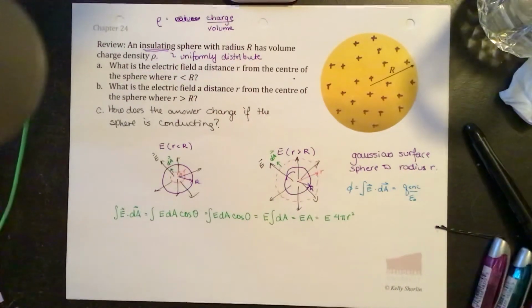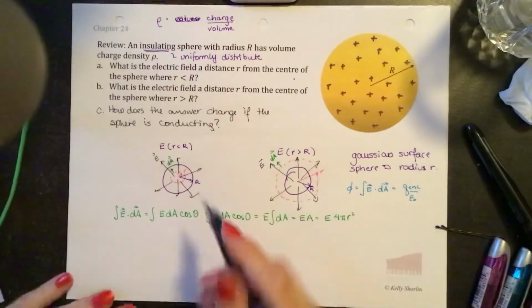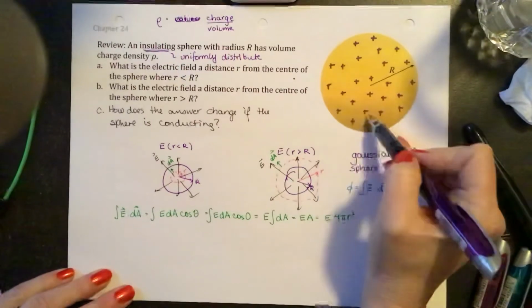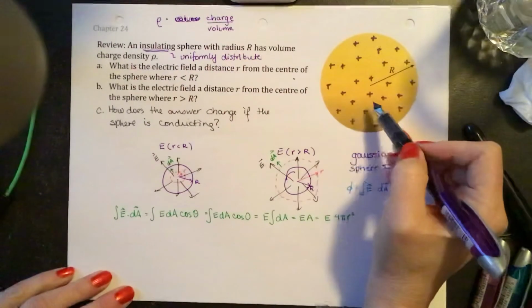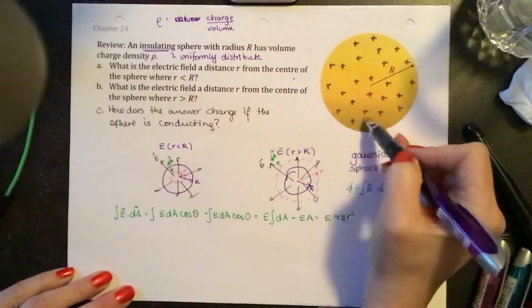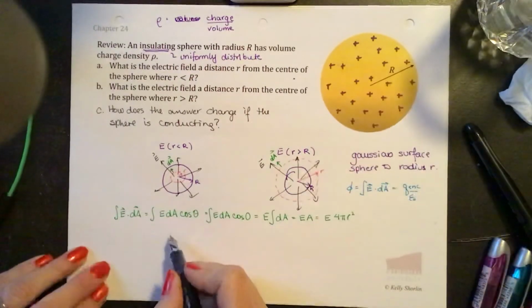So when my Gaussian sphere is inside my sphere of charge, it can't enclose all of the charge. It can only enclose part of the charge. If I want to figure out how much, I have to use the idea of charge density.